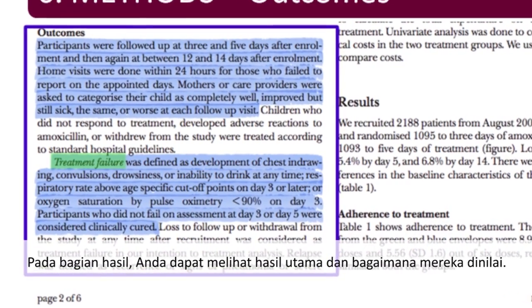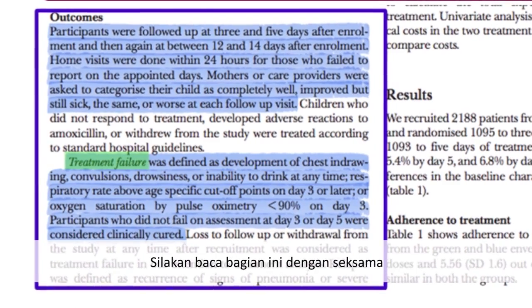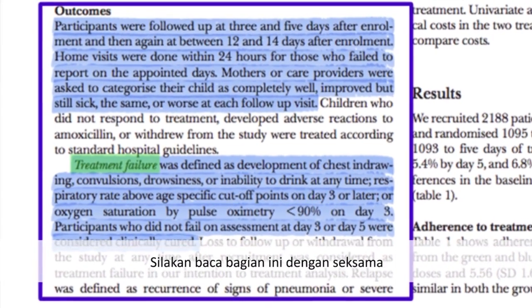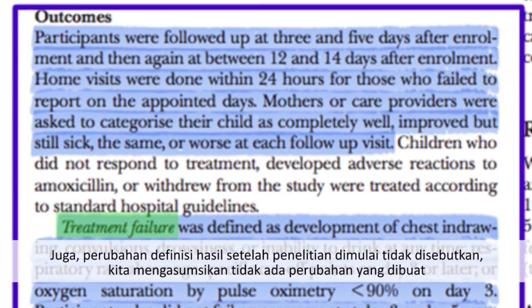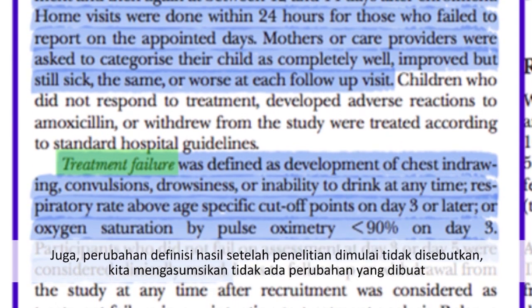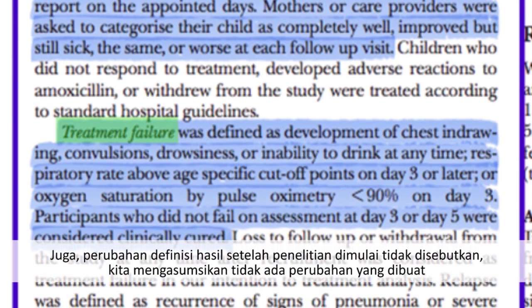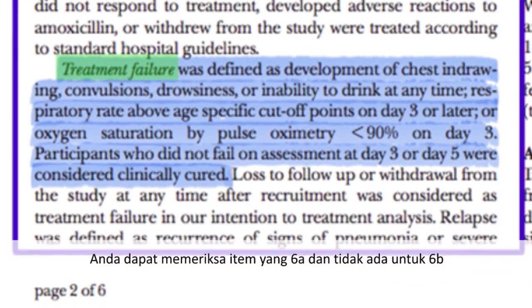In the outcome part, you can see the primary outcome and how it was assessed. Please read this part carefully. Also, any change in outcome definition after the trial commenced is not mentioned. We assume no changes have been made. You can check off item 6A and no for 6B.